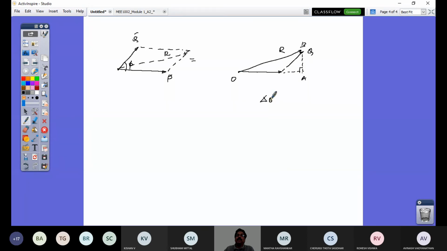Let OAB be a right angle triangle, right angled at A. In a right angle triangle, as we looked at some time back, if this Q vector is the hypotenuse, and this is point C, then CA is the adjacent side with the angle same as angle phi.